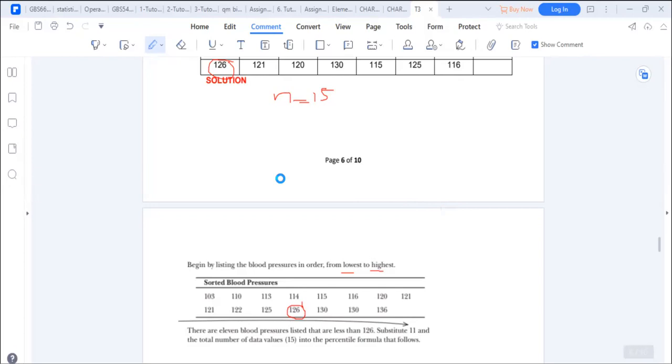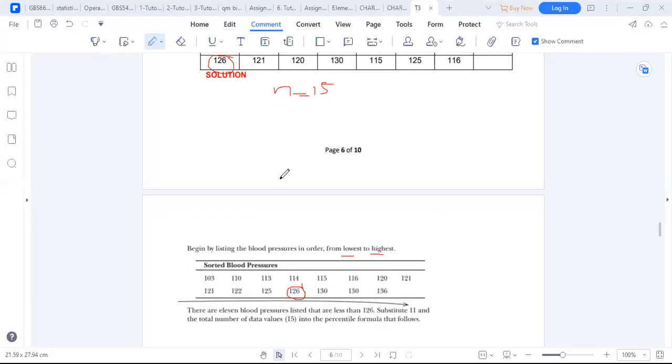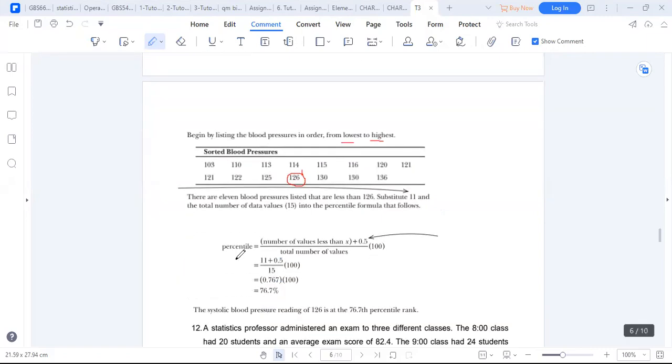So the 11 this side plus 0.5 over 15 times 100 is giving you about 76.7%. That is the percentile. The 0.5 is simply a correction term. It's part of the formula.